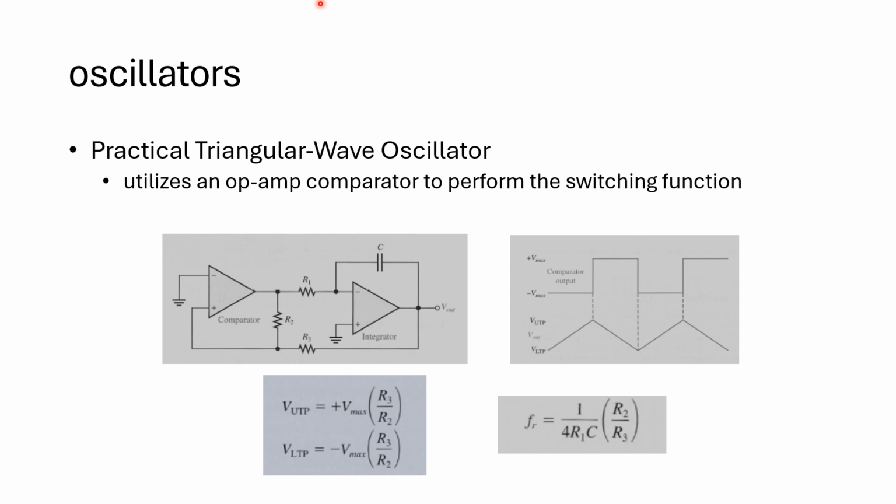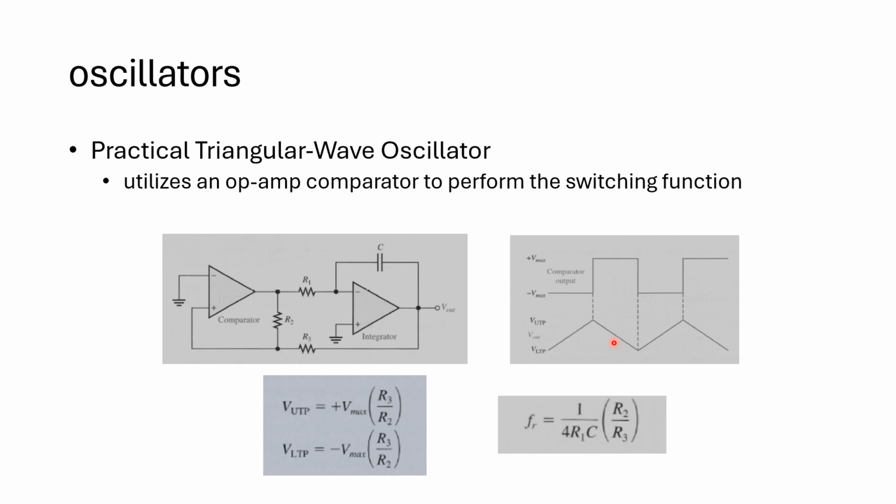Since the comparator produces a square wave output, we have here negative maximum, zero output, positive output, Vmax, and so on. So since the comparator produces a square wave output, the circuit can be used as both a triangular wave oscillator and a square wave oscillator. So we already have two different types of relaxation oscillator in one.